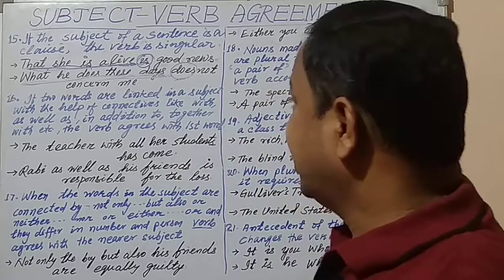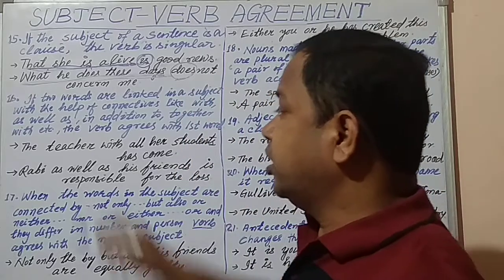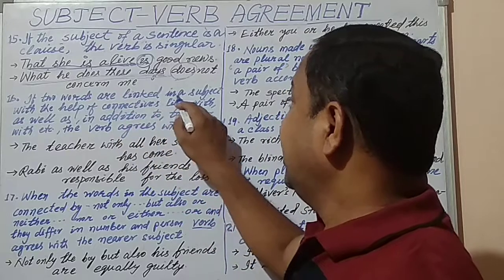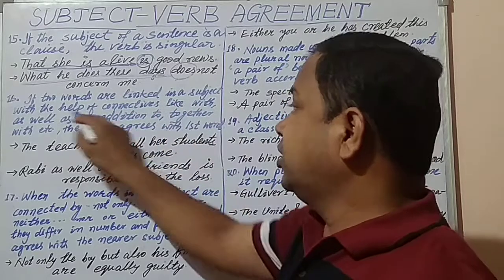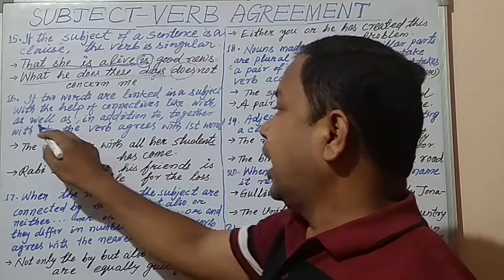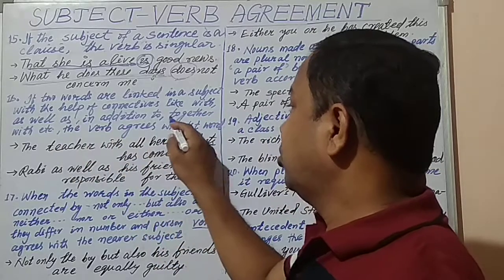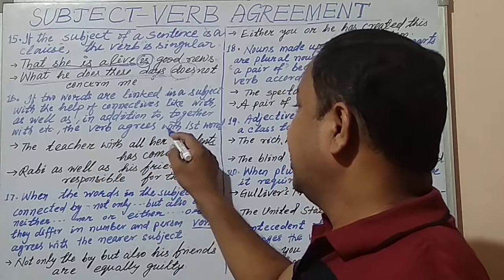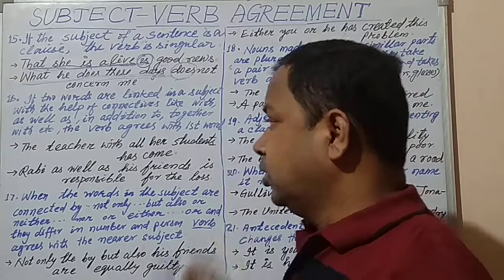Okay, next one, you see number 16 principle. If two words are linked in a subject with the help of connectives like with, as well as, in addition to, together with, etc., the verb agrees with the first word.